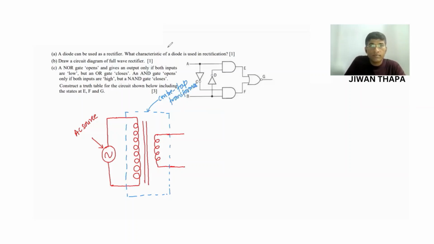In the case of a full wave rectifier, there are two diodes. So this is diode D1 and this is diode D2.